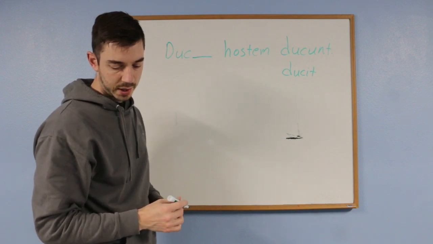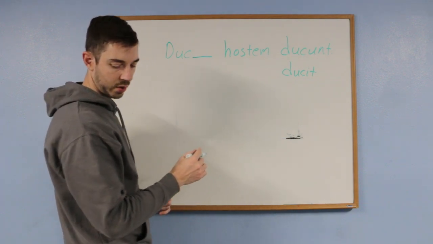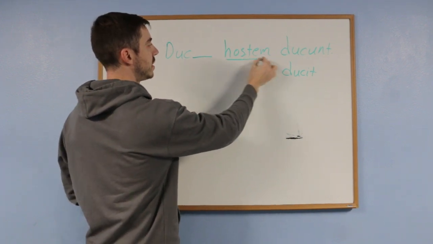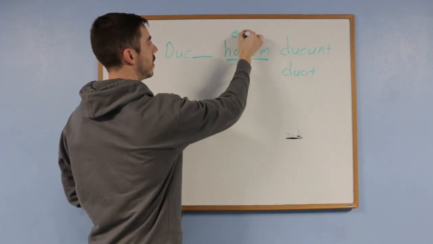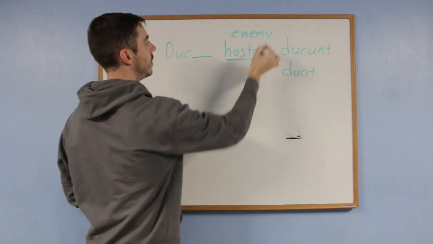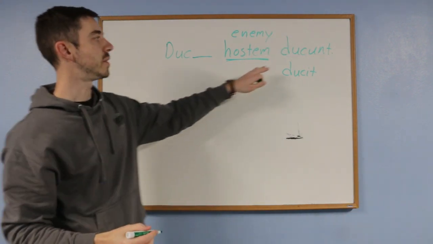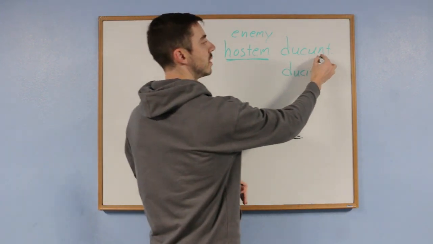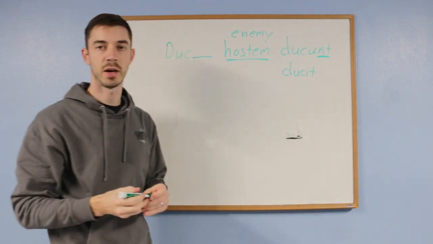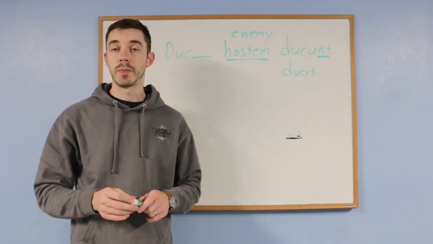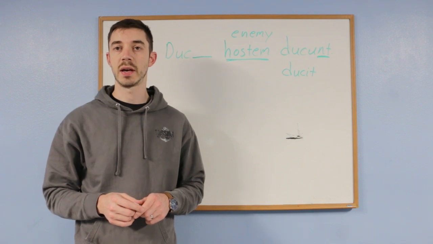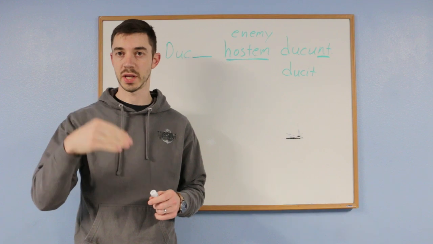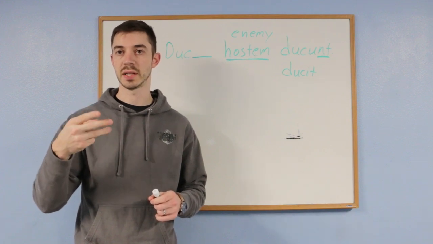And so let's look at what's going on here. So hostem is enemy, and ducunt is lead, but you'll notice it's got this nt ending on. So remember when we learned the present tense verb endings, it went o, s, t for singular, and then imus, itis, unt.